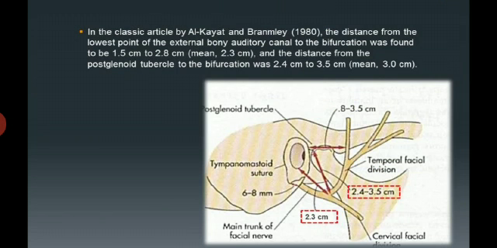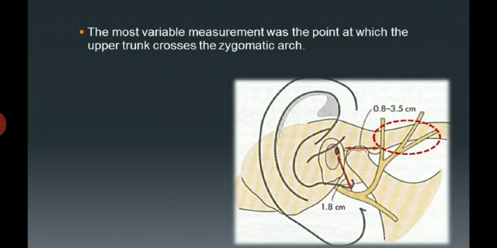In the classic article by Pitanguy and Bramley, the distance from the lowest point of the external bony auditory canal to the bifurcation was found to be 1.5 cm to 2.8 cm, and the distance from the postglenoid tubercle to the bifurcation was 2.4 cm to 3.5 cm.